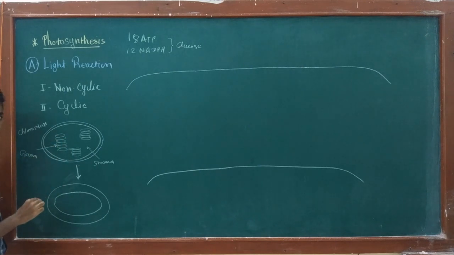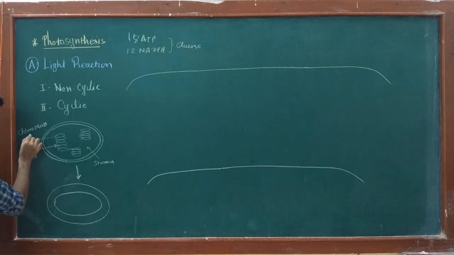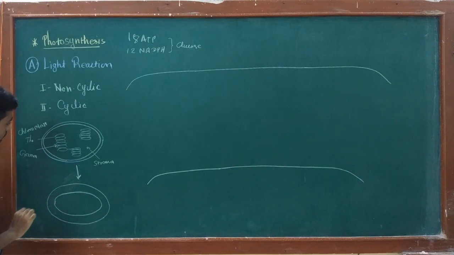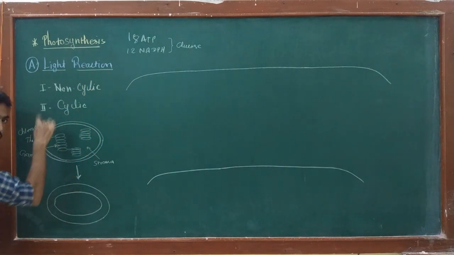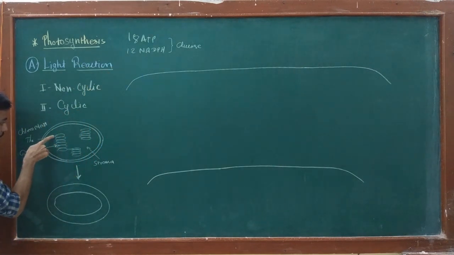A single sac of the grana we call a thylakoid. Light reaction takes place inside the chloroplast in the thylakoid.